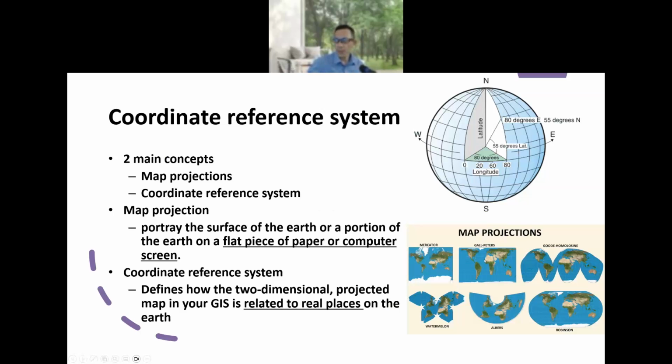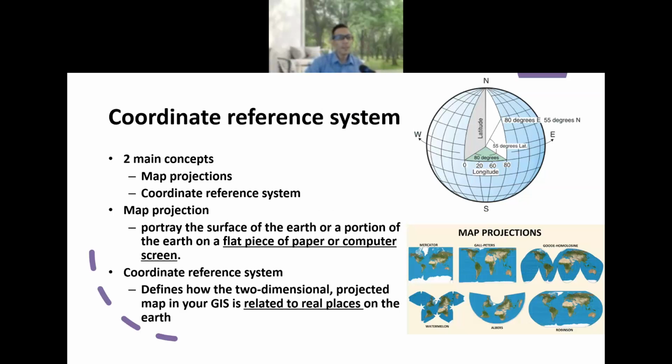Gall-Peters uses this kind of projection. Goode's homolosine, watermelon is also there. Albers and Robinson. So they need to cut, you know. You can imagine, right? So projection, or map projection, is the process of transforming the Earth that is a sphere into a flat surface.